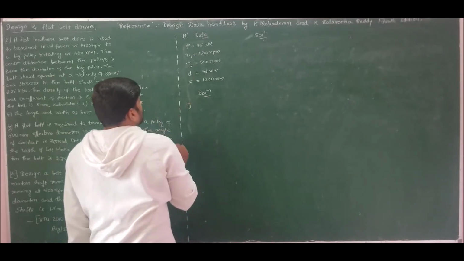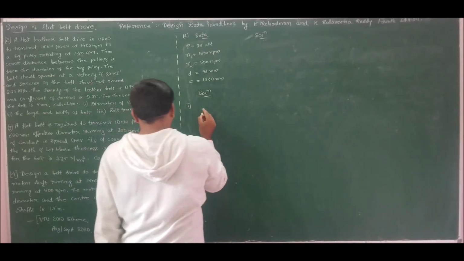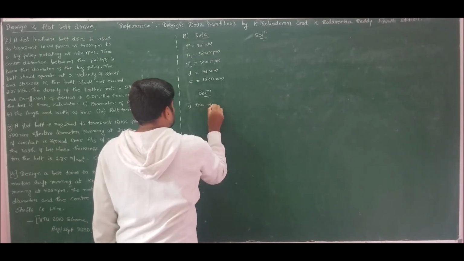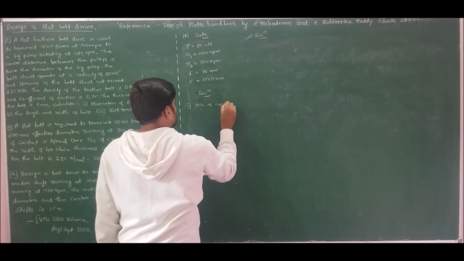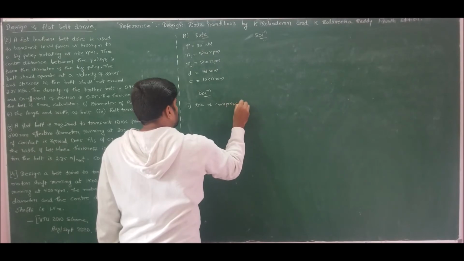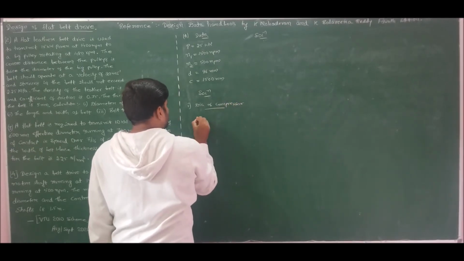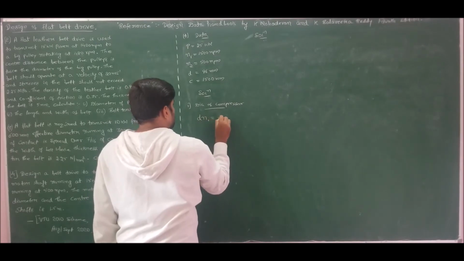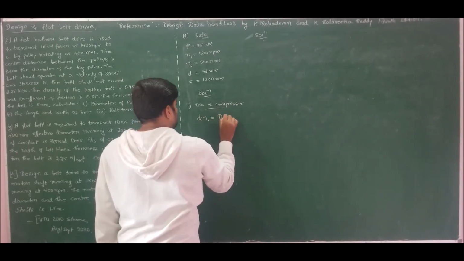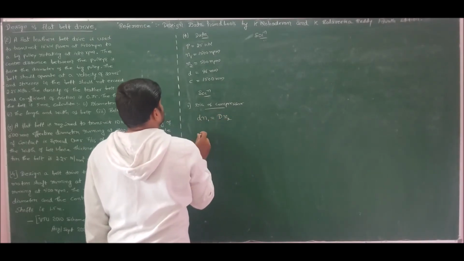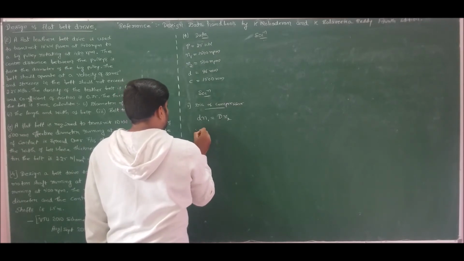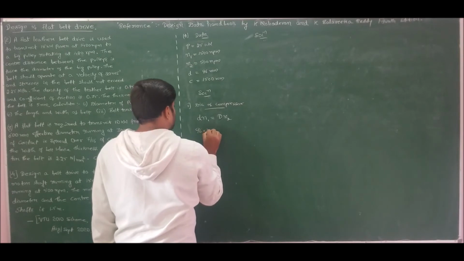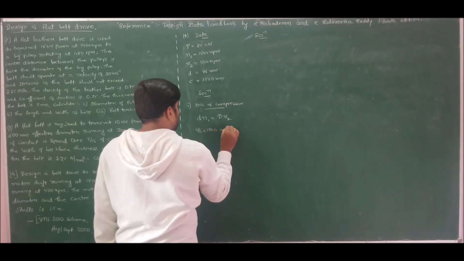In first step, find the diameter of compressor. So diameter of compressor will be, we know that small d times N1 must be equal to capital D times N2. So effective diameter of motor is known, which is 96 millimeters running at a speed of 1500 rpm.